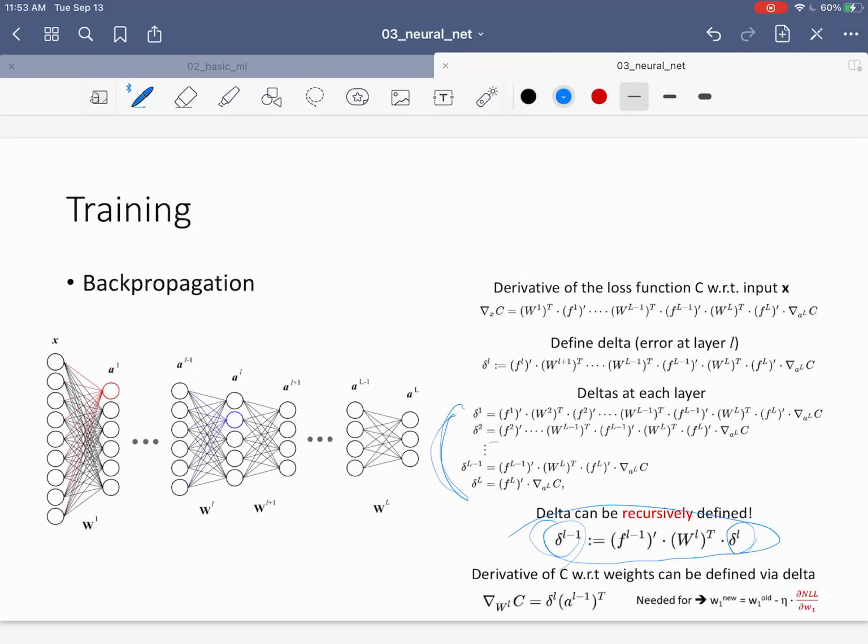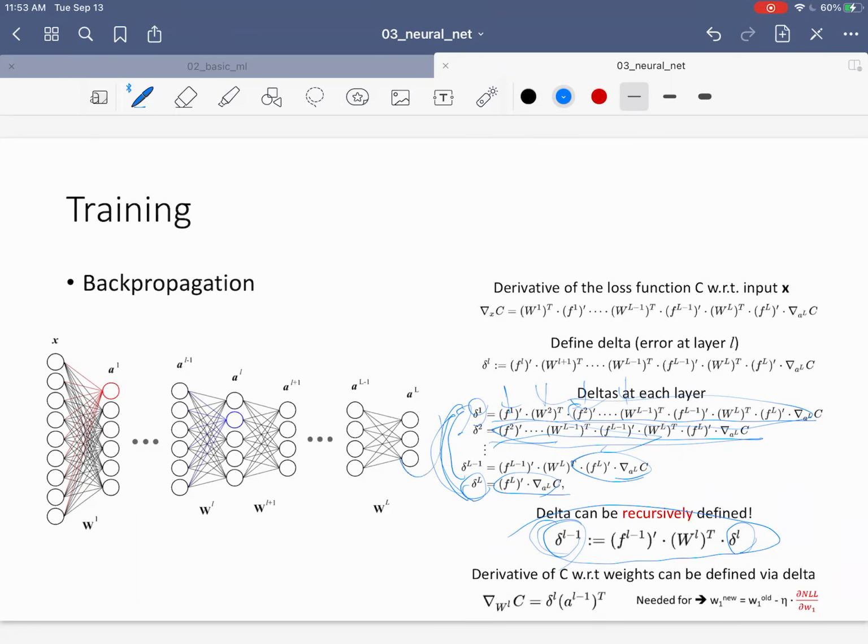Instead of calculating all the terms over and over again, if you start from the final layer L and go back down to delta 1, you can reuse the terms again and again. You don't have to recalculate all these terms every single time. So that is why we use backpropagation.